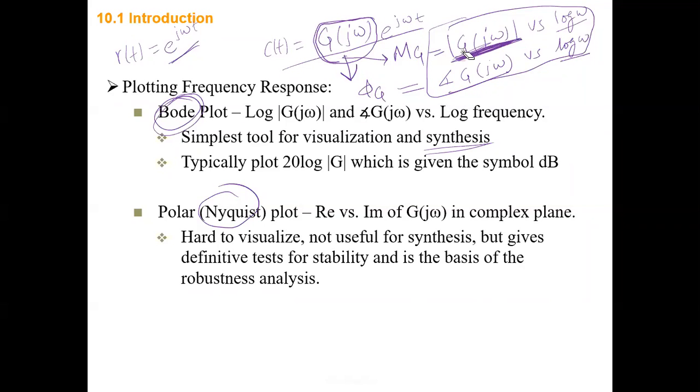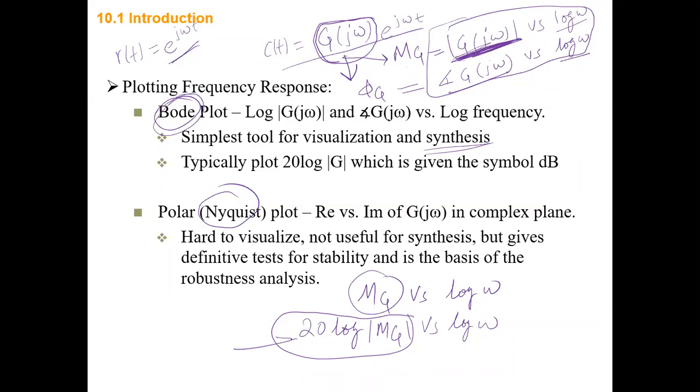Instead of doing simply Mg versus log omega, we rather do 20 log Mg versus log omega. We do the Mg, but in this form.